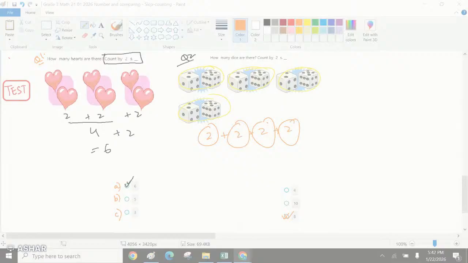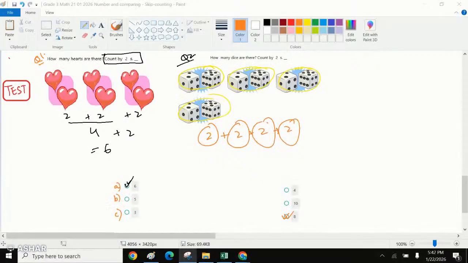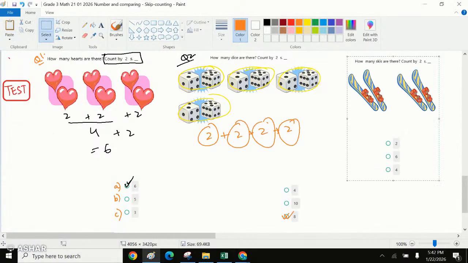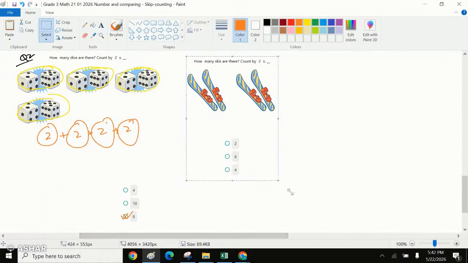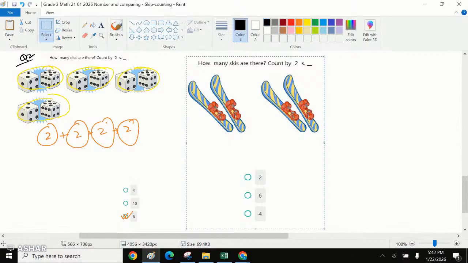How many skis are there with a count of 2s, right? Just this question. Question number 3. So what can we say about the number of skis? How many skis are there in total?